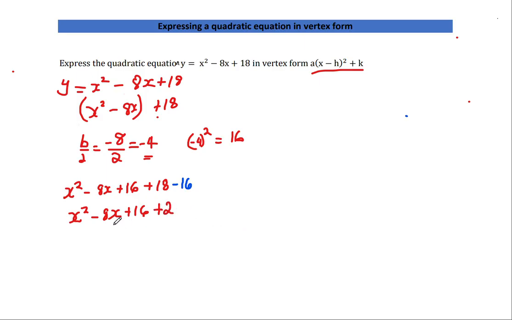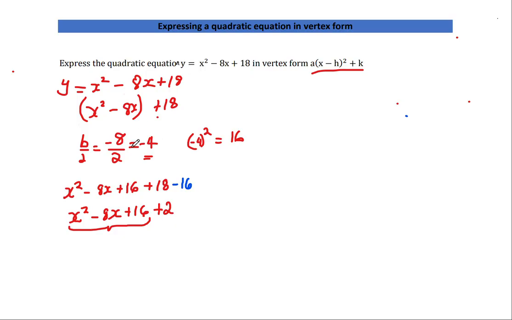What we're going to do now is identify the factors of this quadratic expression right here. And the factors of this quadratic expression that we came up with are always going to be found by taking (x plus or minus b over 2) all squared.